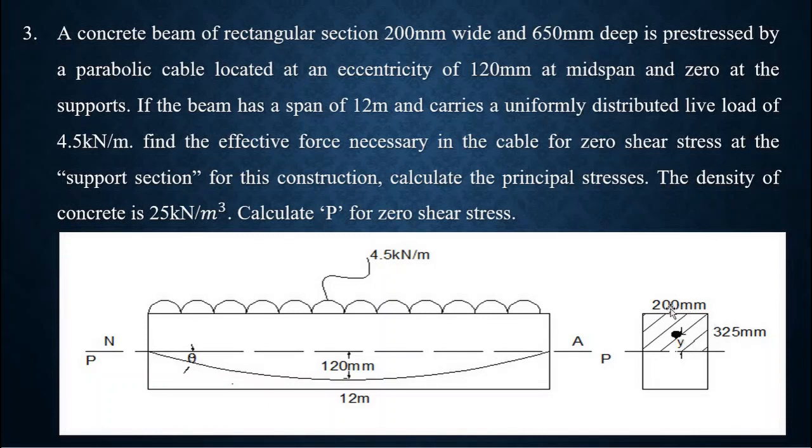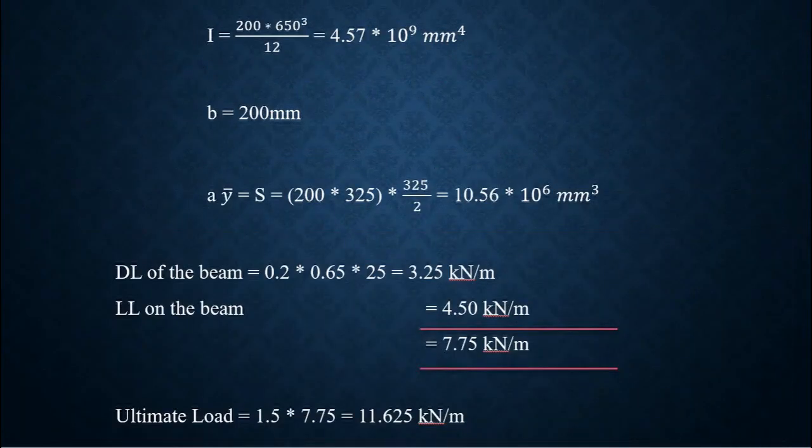So the area will be 200 into 325, the hatched portion which is above the neutral axis. Then y bar is half of this, 325 by 2. So we will get 10.56 into 10 power 6 mm cube.